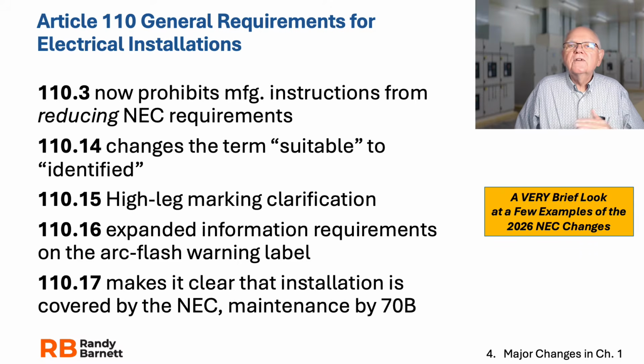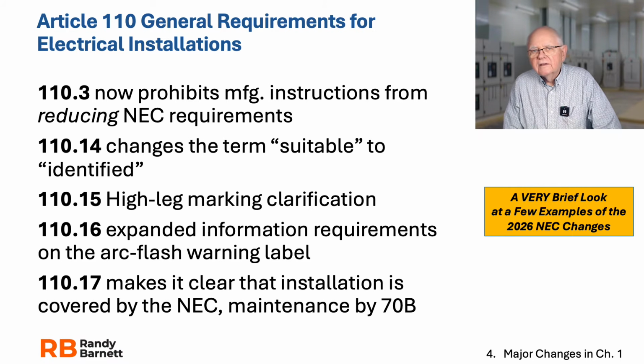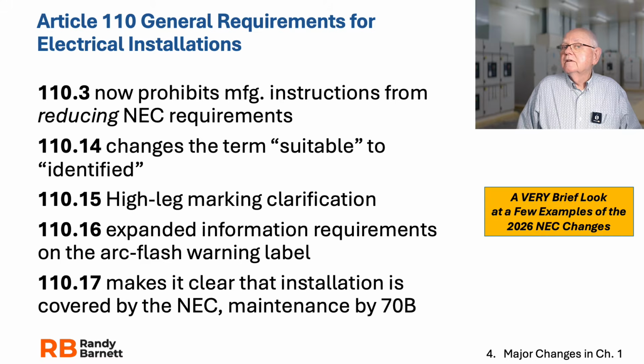They've made some clarifications on where the high leg marking must be in 110.15, that orange color. 110.16 is on our arc flash warning labels, and that's been expanded. The information that's required affects really your NFPA 70E training as well for electrical safety.